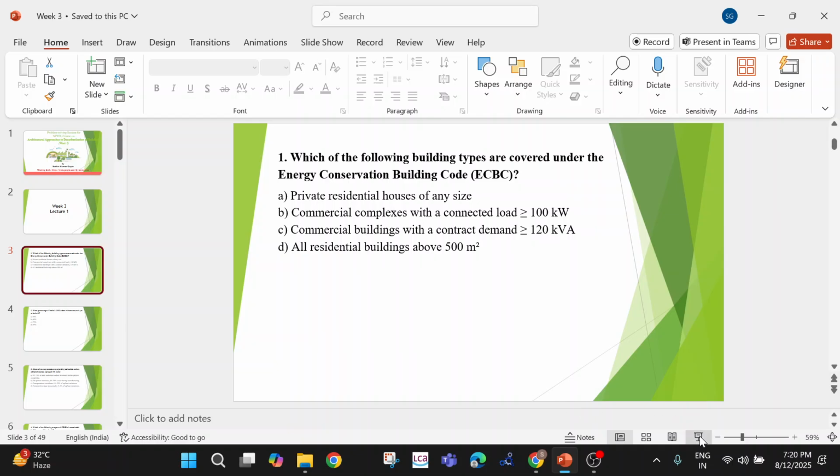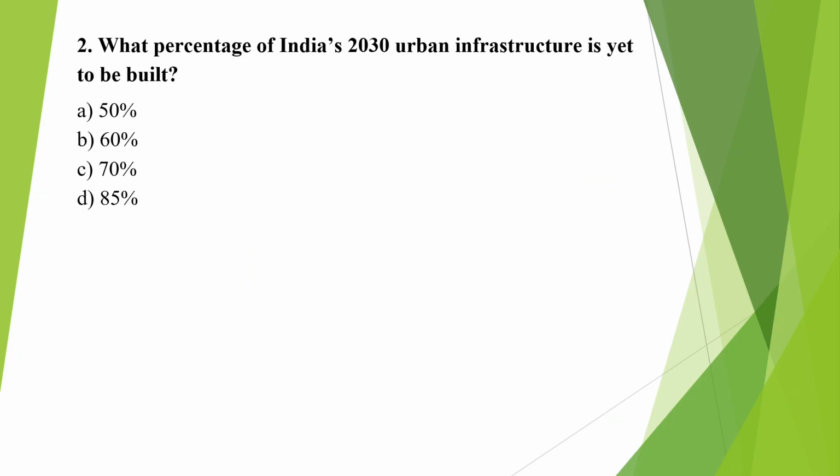Try to answer the second question based on your understanding and revise whatever you have studied. What percentage of India's 2030 urban infrastructure is yet to be built? It was discussed how much infrastructure has been built till now, and as per the 2030 urban infrastructure consideration, how much needs to be built yet.